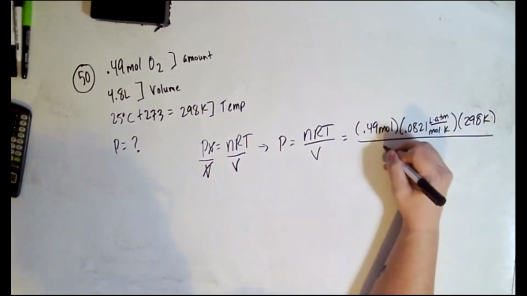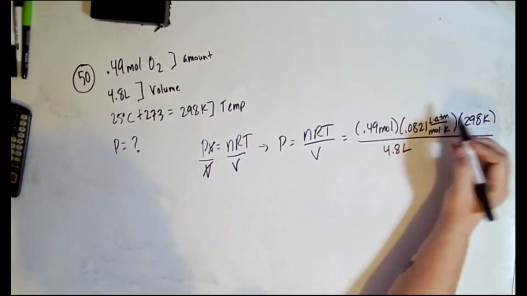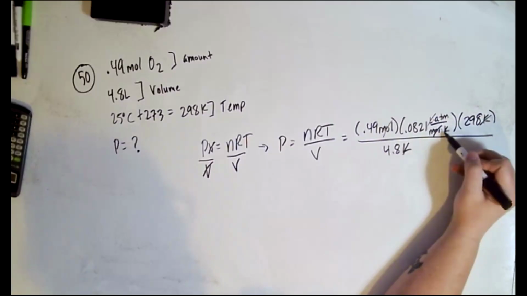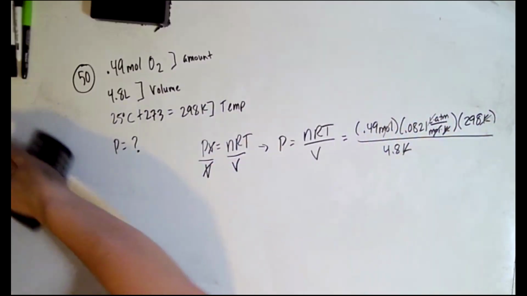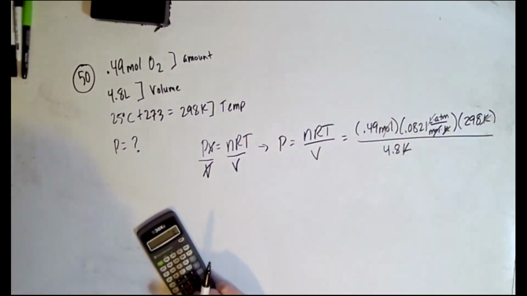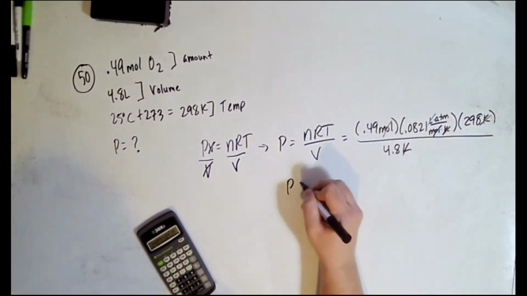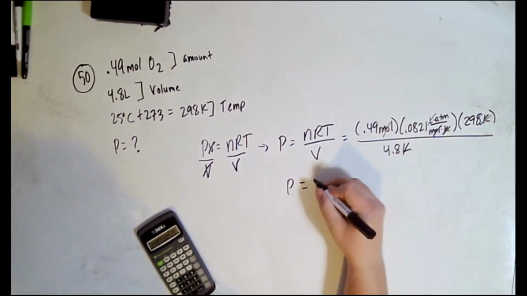All of that divided by our volume of 4.8 liters. And we get a pressure of 2.5 atm.